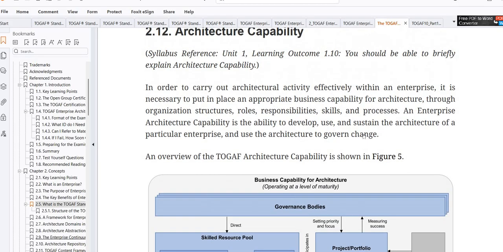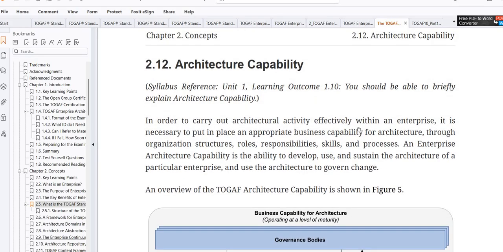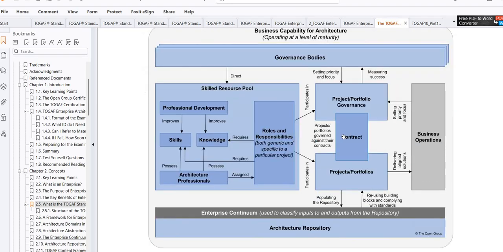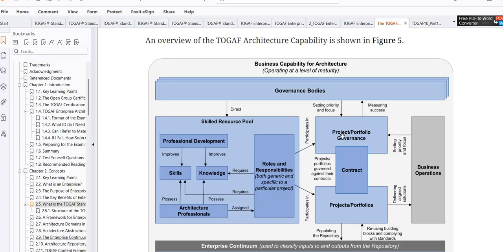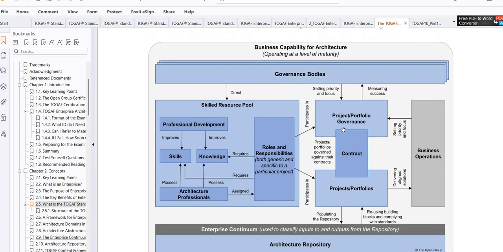Now coming to another one, architecture capability. What differentiates it? The capability talks about how capable you are, right? In the same way, the skills and governance bodies, the architecture repository, the business operation, and portfolio management talk about the business capability of architecture.